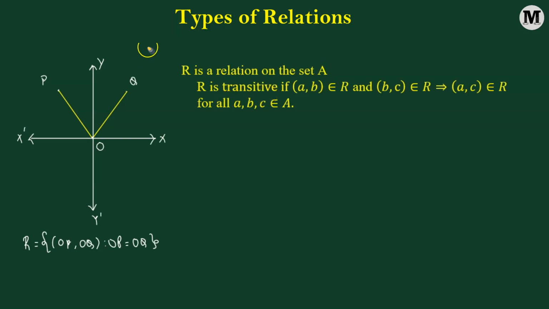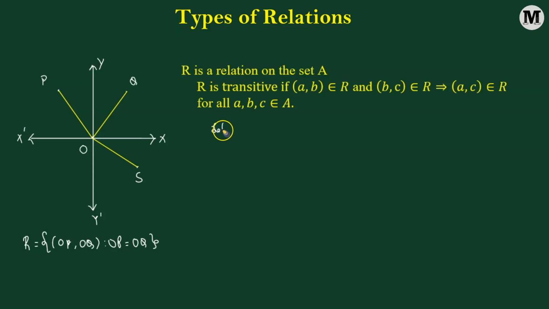In our case, where we already have 2 points P and Q, we're going to consider a third point S. If we join O and S, we get another line OS. So let us begin our proof.